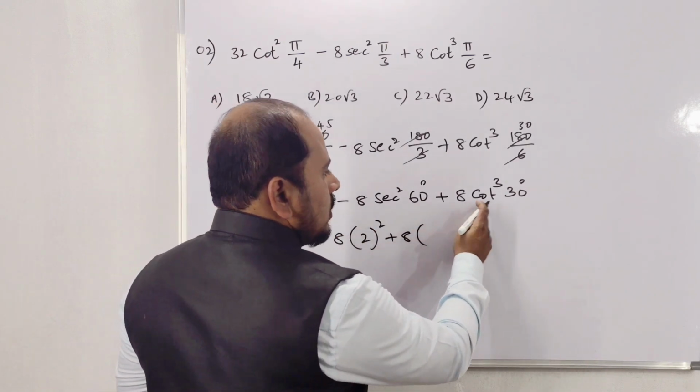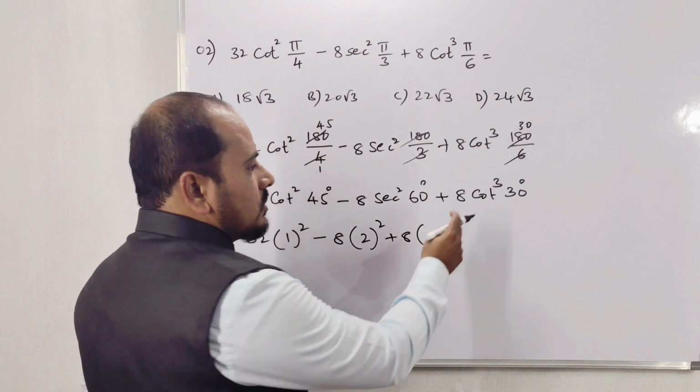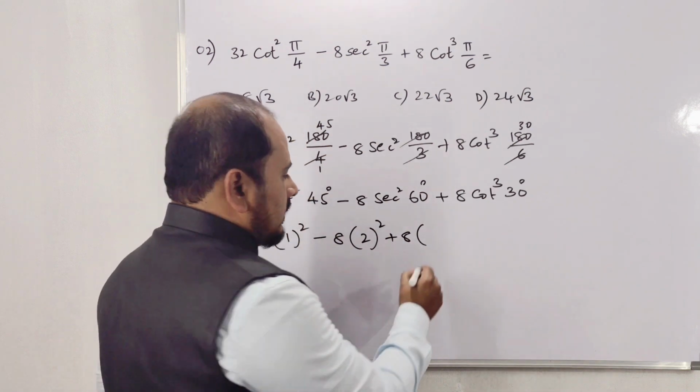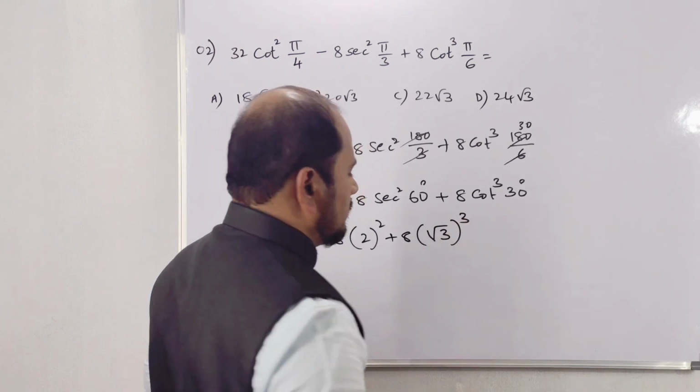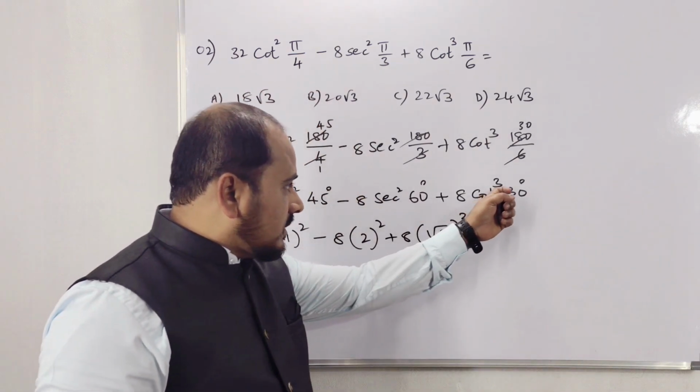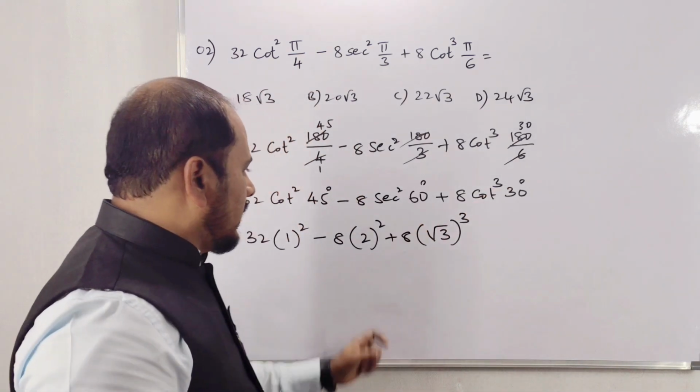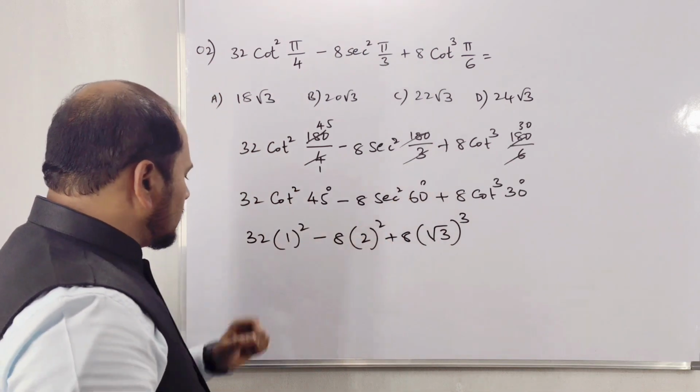Plus 8 into cot cube 30. So what is the value of cot 30? That is root 3 whole cube. As the cube has been given, I kept a cube here, and here square, and here also square.